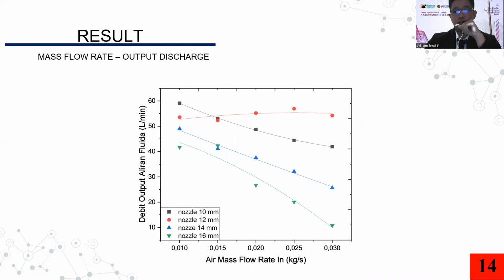And in addition, we can assume that for a pipe height of 37.5 centimeters and 1 inch pipe diameter, we can use the 10 millimeter nozzle at a mass flow rate of 0.010 kilogram per second to have the best performance of the airlift pump in this case.